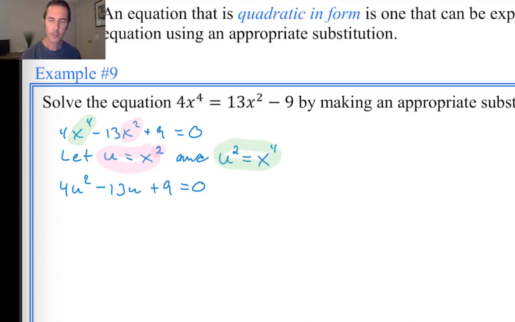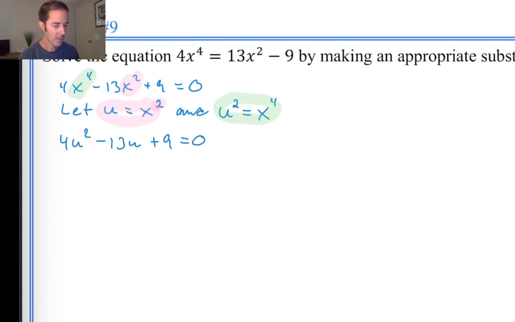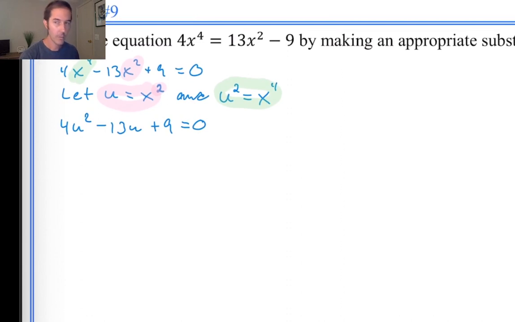How do I solve this? Go back to the previous section. You've got a lot of options. I wouldn't solve it by completing the square. We could definitely take the 4 and the negative 13 and the positive 9 and plug them into the quadratic formula, or we can solve it by factoring using the AC method. I like the AC method more than I like the quadratic formula. Either one of them will work. I'm going AC on this thing though.